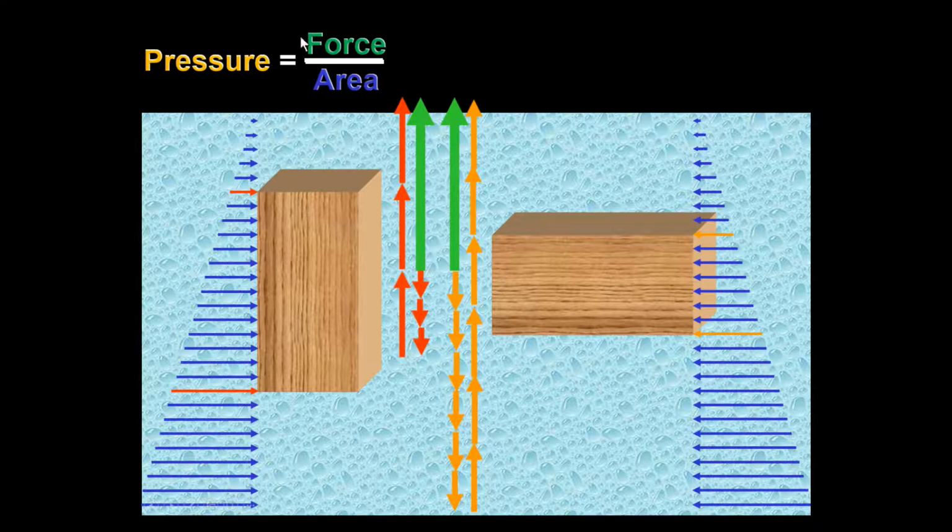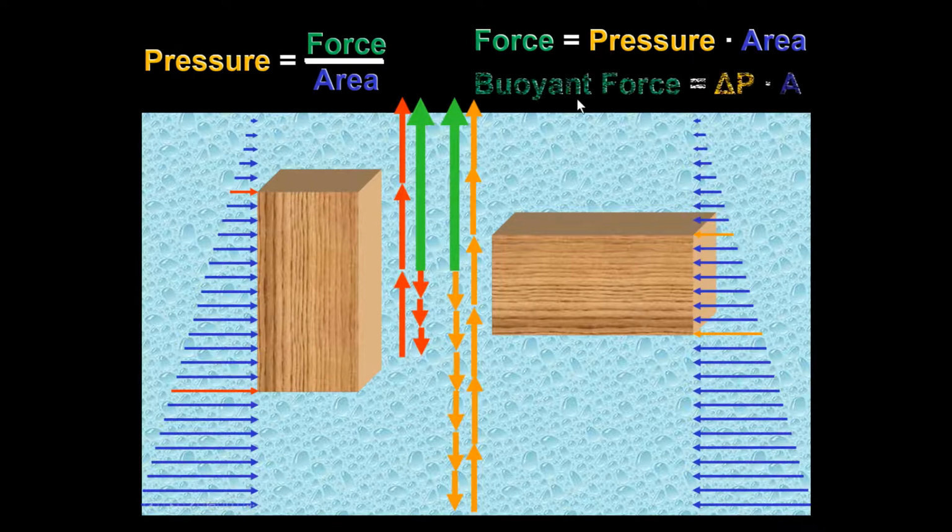But pressure is force divided by area, or force is pressure times area, just rearranging that. The buoyant force comes because there is a difference in pressure and an area that the pressure was acting on. So this area is pretty small.